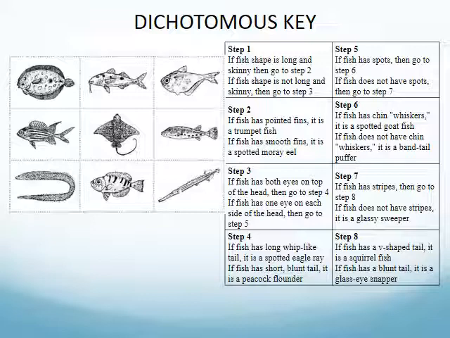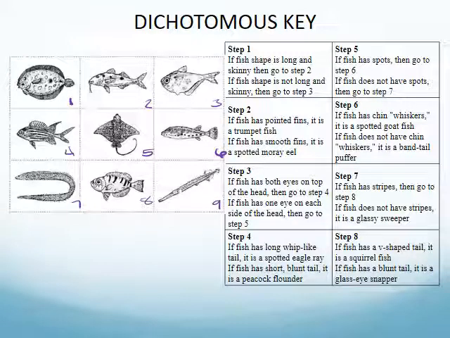We're going to start with step 1 and work our way through until we figure out what this fish is right here. So that's fish 1, fish 2, fish 3, 4, 5, 6, 7, 8, and 9.